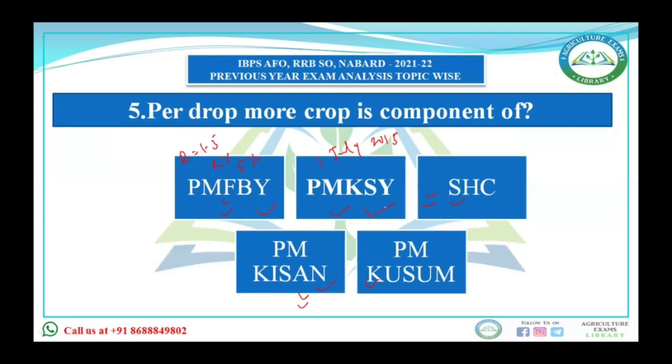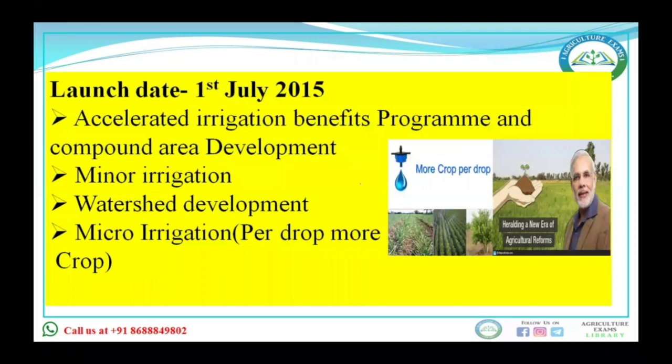Pradhan Mantri Krishi Sinchai Yojana has various components. First is the Accelerated Irrigation Benefit Program and Command Area Development. This is not compound area, this is command area. After that, there is minor irrigation, means har khet ko pani.